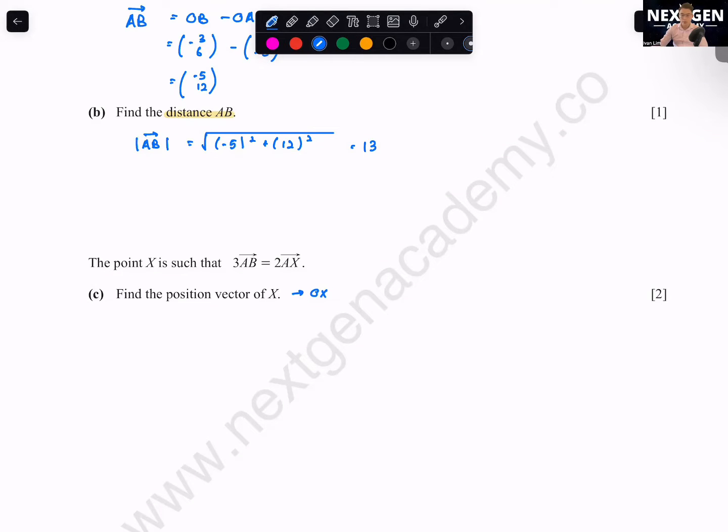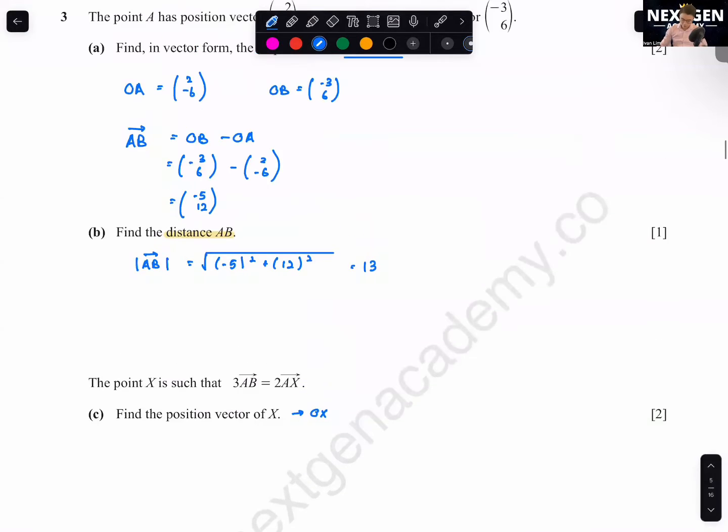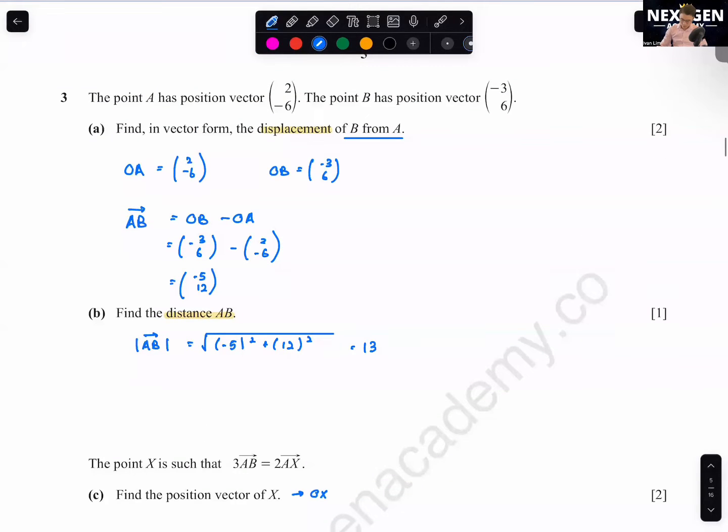The x2 minus x1 squared plus y2 minus y1 squared. You got 5. Why 5? Let me see. 6, do you plus or minus? 6 plus 6, right? You did 6 minus 6. Correct.